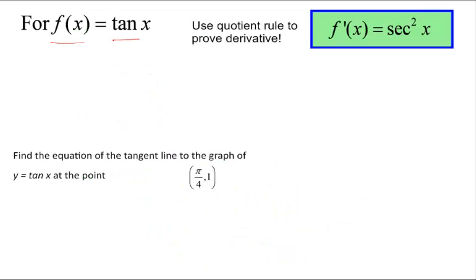Given the function, the positive tangent of x, we're going to use the quotient rule, and the fact that we know an alternate definition for the tangent of x is the quotient sine of x over cosine of x. That's why we're going to use our quotient rule to prove the derivative is indeed the secant squared of x, or secant of x quantity squared.